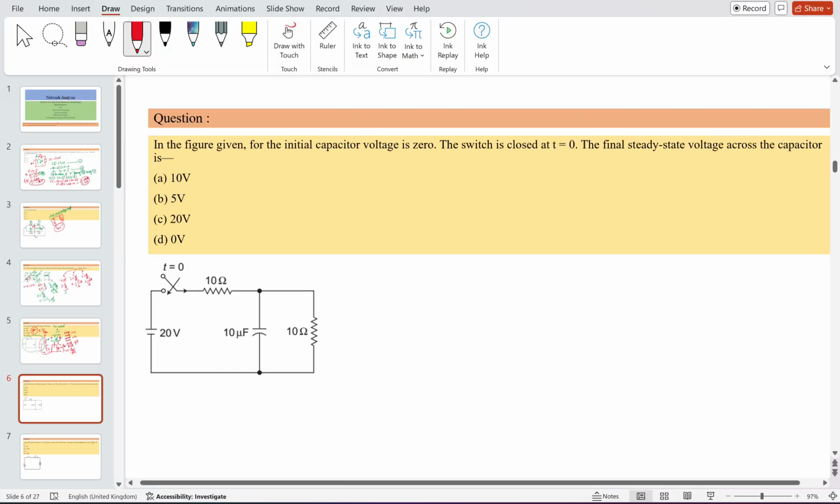In this problem, it is given that the initial capacitor voltage, VC at t equal to 0 minus, is equal to 0. And the switch is closed at t equal to 0. You have to find the final steady state value of the voltage across the capacitor. Try to solve and let me know which options are correct. After that, I will give the final solution and show how to solve it.